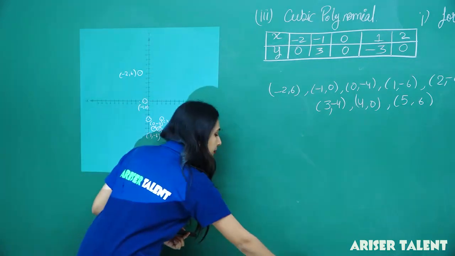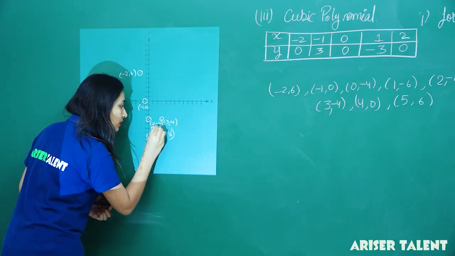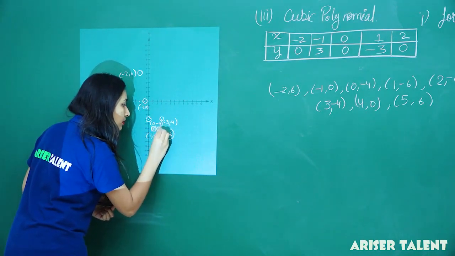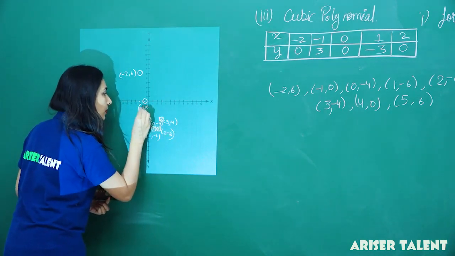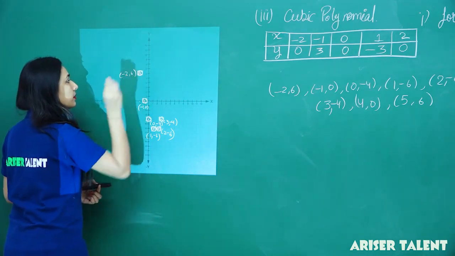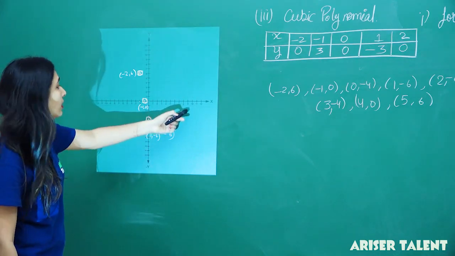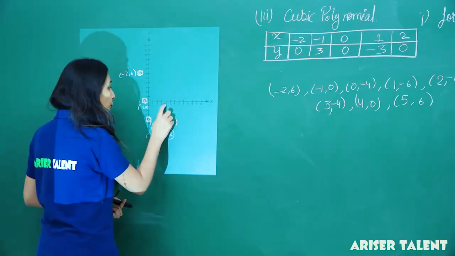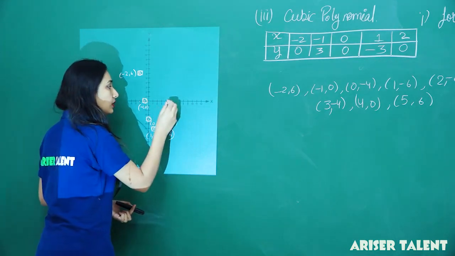We should use a definite color for this. Right. Now 3 and minus 4 is done. Now 4 and 0. 4 in x is here and 0 is here.